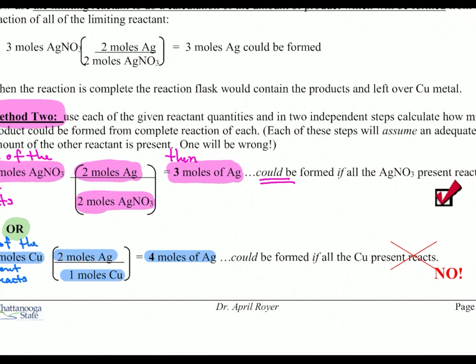You do that math, you're going to get 4 moles of silver. So it's an if all of the 2 moles of copper reacts, then 4 moles of silver could be formed.